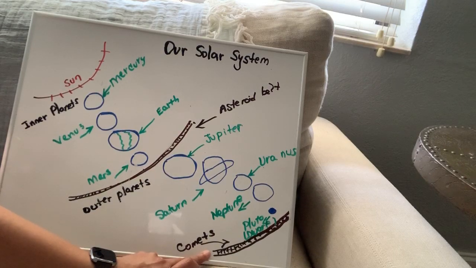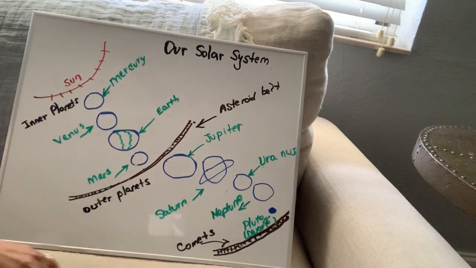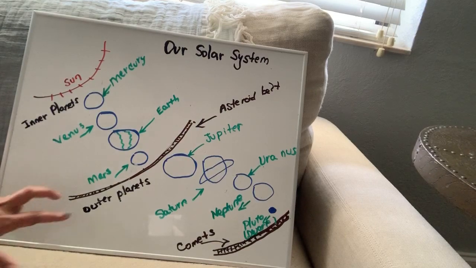The main difference between an asteroid and a comet is that asteroids are made up of rocks and metals, while comets are made up of ice, dust, and small rocks. Asteroids are found mostly in the asteroid belt between Mars and Jupiter, this one here, whereas ice-filled comets are formed farther from the sun.